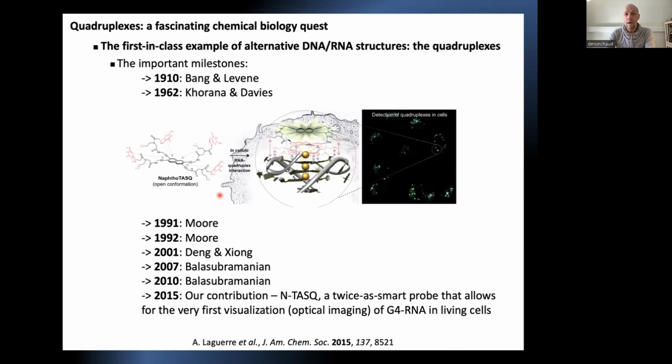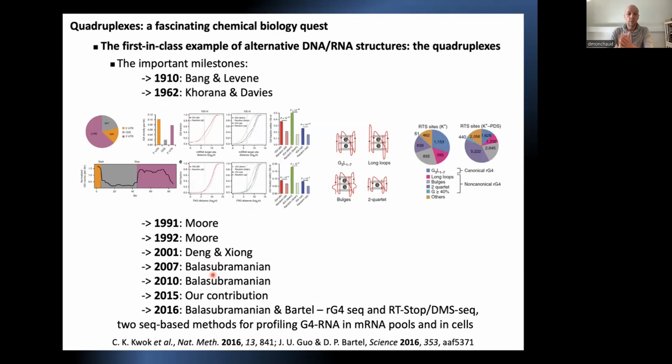And then our contribution was to show in 2015 that quadruplex RNA can fold within living cells. We will discuss this a bit later in this presentation. And then Shankar and Bartel disagree on the existence of the RNA G4, also called the RG4, using several sequencing-based techniques, but the RG4-seq results are rather convincing.